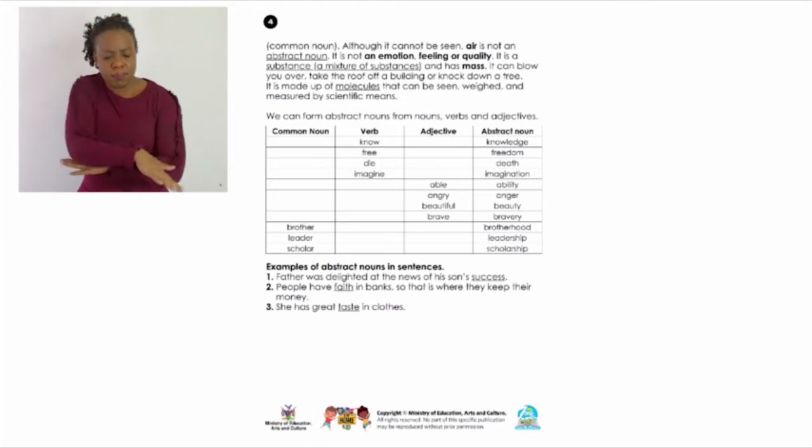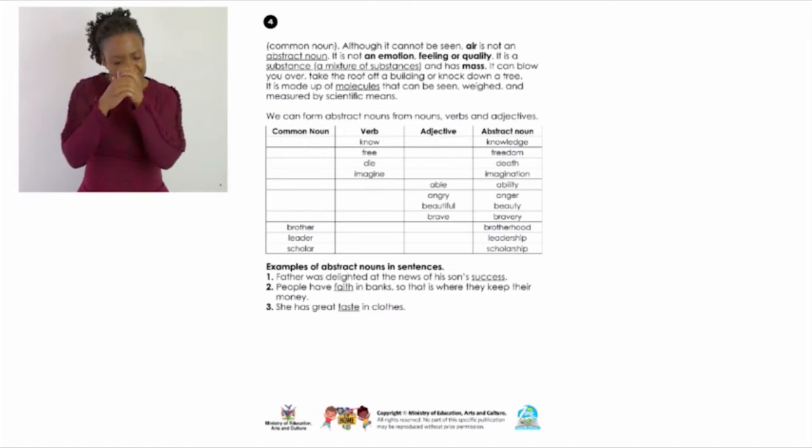It is made up of molecules that can be seen, weighed, and measured by scientific means. Right, so that's our A there, being a common noun, not abstract, although we cannot see it.